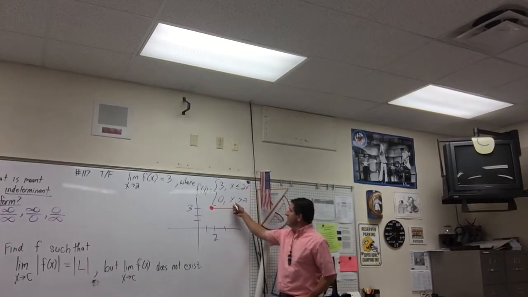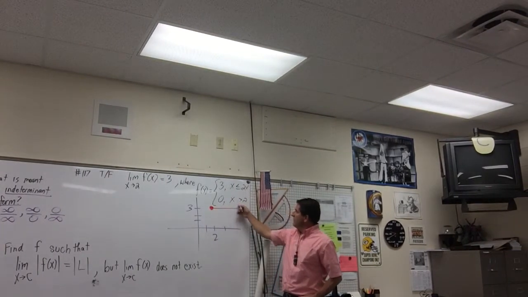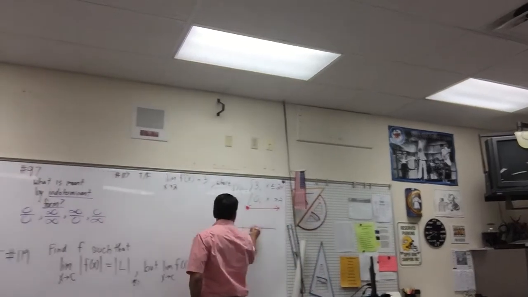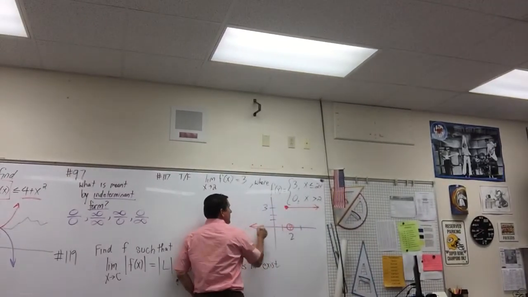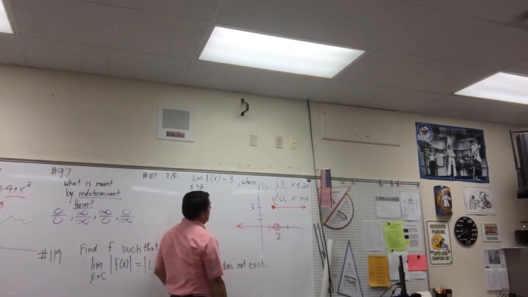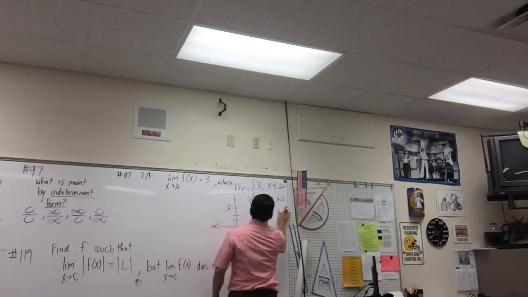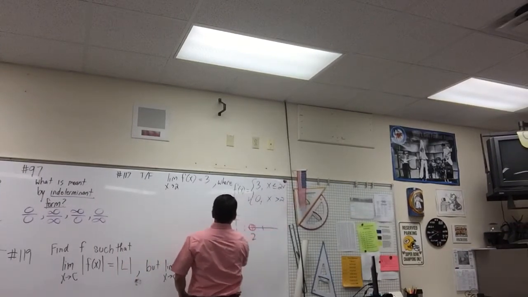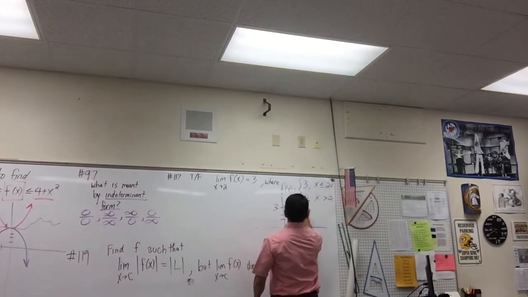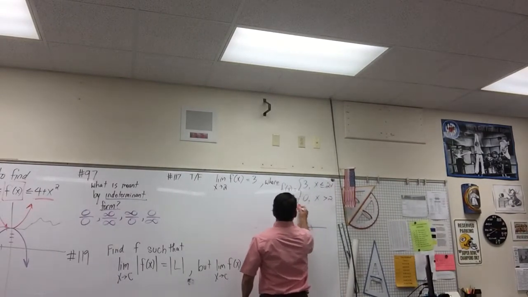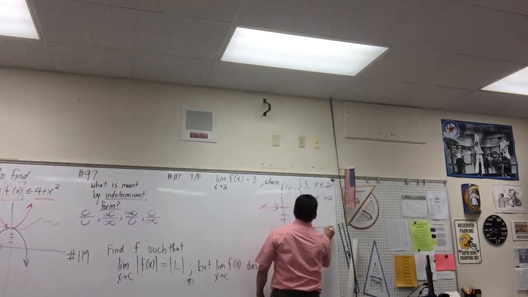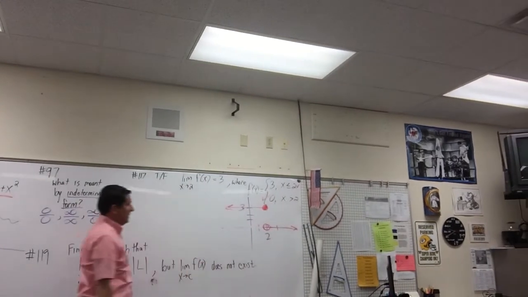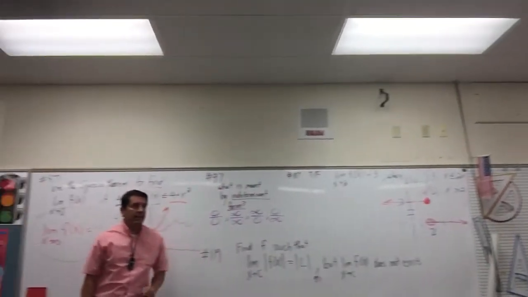And then y is equal to 0 for all values when x is greater than 2. Oh, I got those backwards. Thank you. So x is less than or equal to 2 this way, and greater than 2 for this way. Do you agree that that picture matches the function?